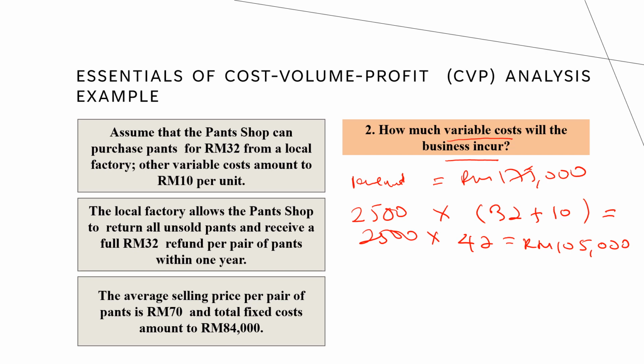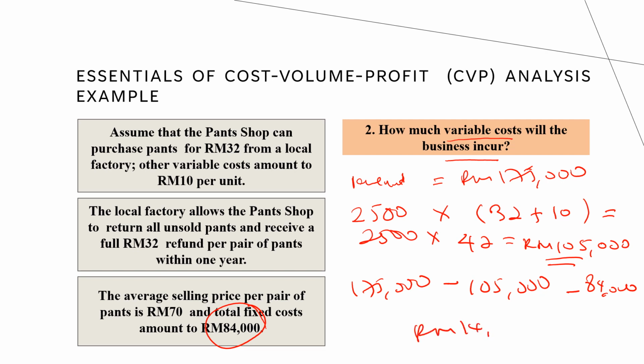And then to find the variable cost, we take the total revenue of 175,000, minus this 105,000, minus this fixed cost of 84,000, and then you get the answer of negative 14,000. So this is the variable cost.